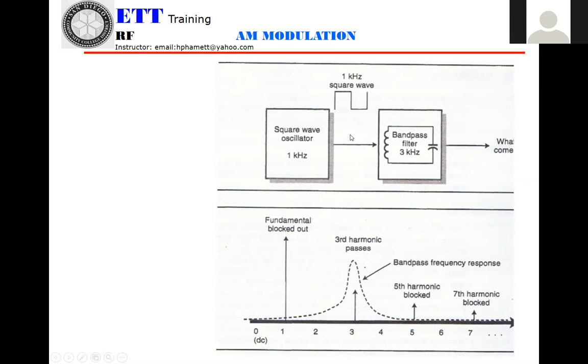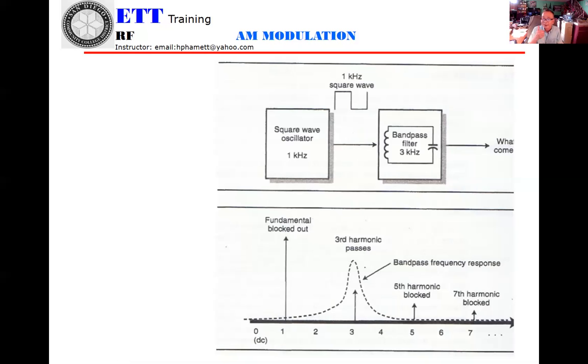1000. One cycle. I'm asking what frequency? How many frequencies are coming out? One frequency, 1K? No. I already told you. A 1 kilohertz square wave is made up of many frequencies of sine waves.